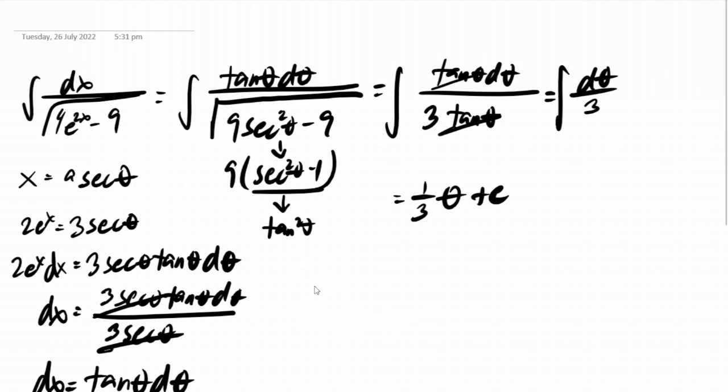Or in this case it's 2e^x equals 3 secant theta.